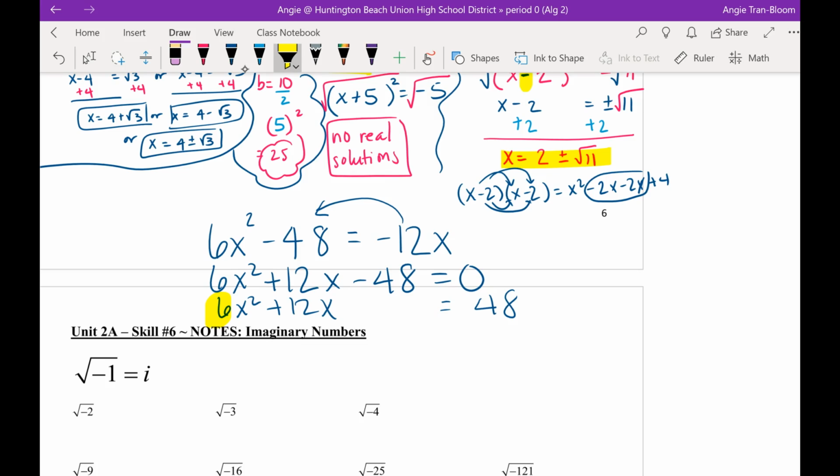Factor out the GCF. By the way, are they all divisible by 6? Yeah. If I divide each and every term by 6, is my equation still equal? Then that's okay to divide.